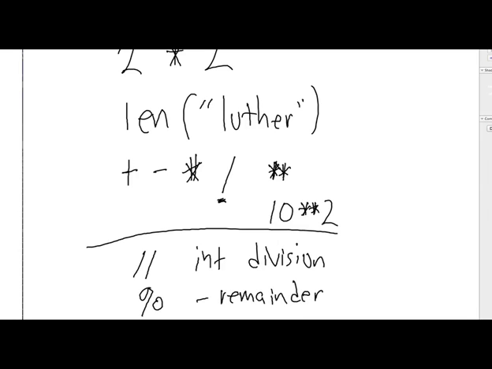All right, this remainder operator is very useful in a lot of different circumstances. One of the most common times that you would want to use the remainder operator might be if you want to determine if a number is even, for example.